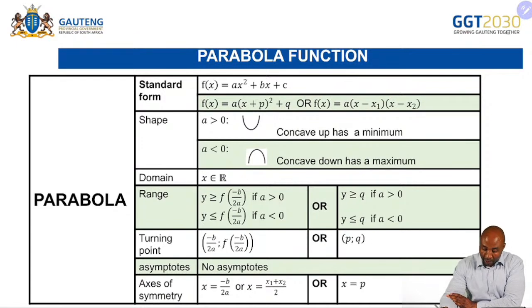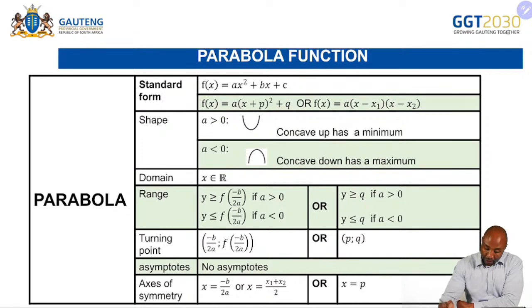Normally, when you are given this form, you will be expected maybe to find the turning point, to find the x-intercepts, and then you are supposed to look at the shifts that can occur on that particular function. And we are able to solve any question that requires the solution for it.